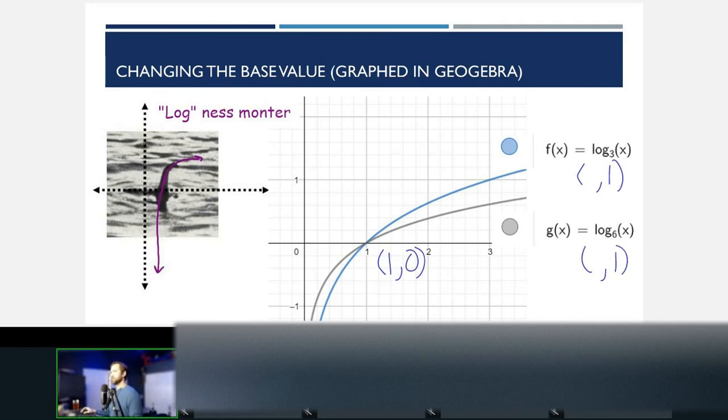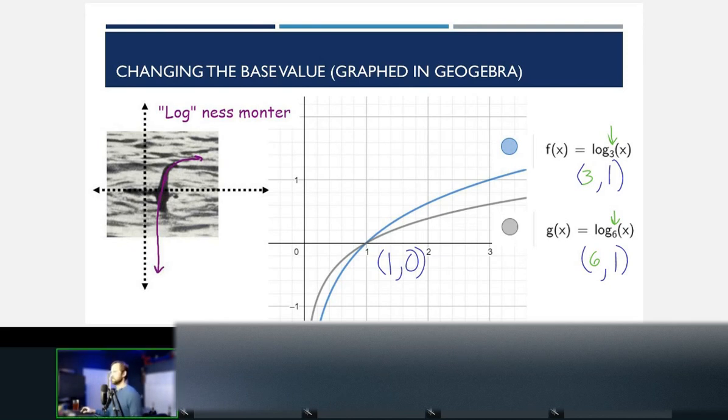The x value will always be the base. So that means that first graph will always cross the point 3, 1. The second equation will cross at 6, 1. All based on the base.